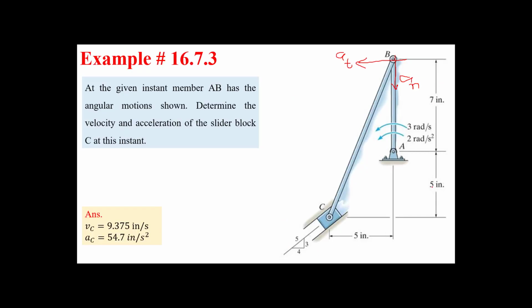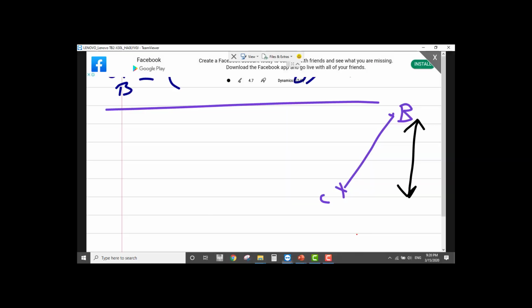The vertical direction is 7 plus 5, which is 12, and the horizontal direction is 5. So 12, and here we have 5.